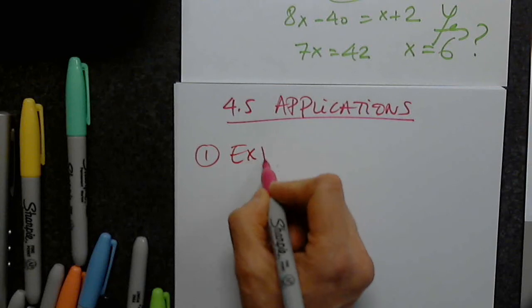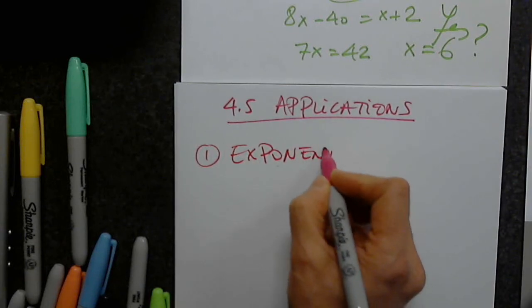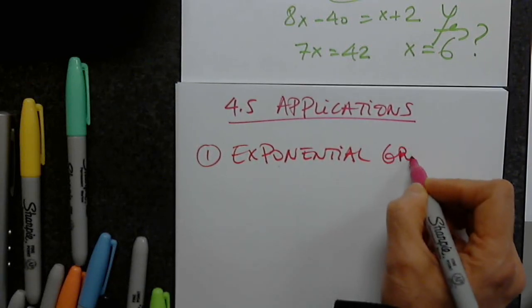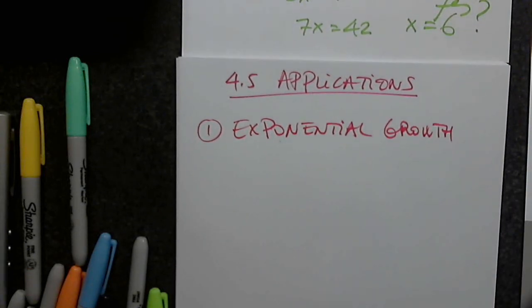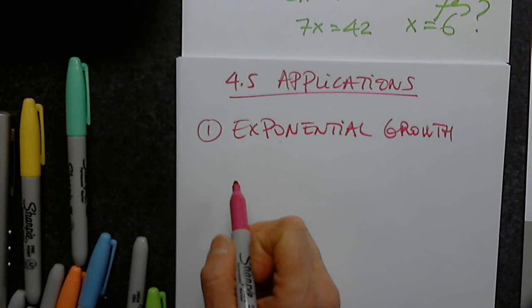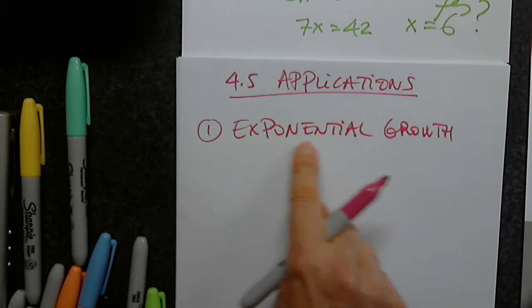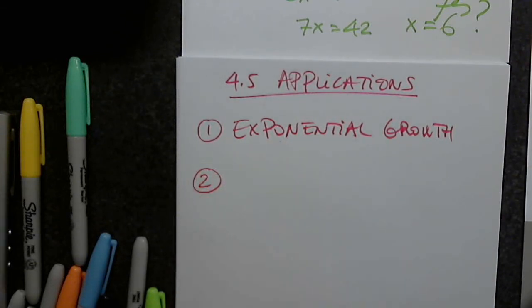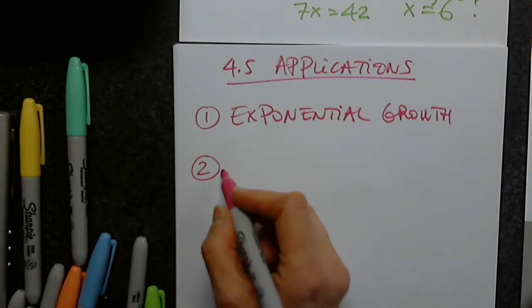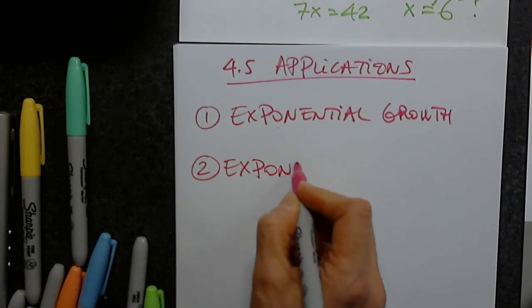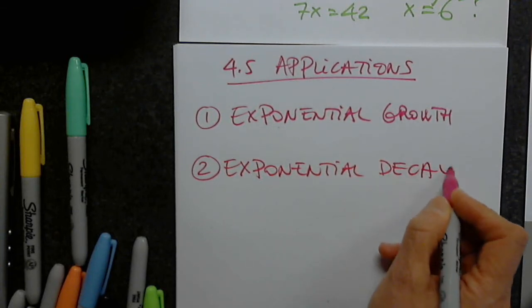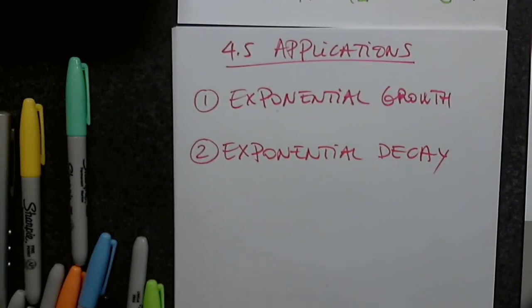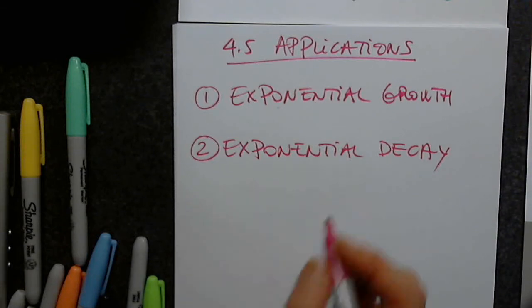The first one, exponential growth. Just leave a little bit of space right here in between. Number 2, exponential decay. A little bit of space.